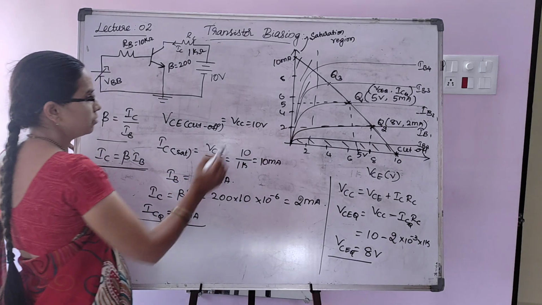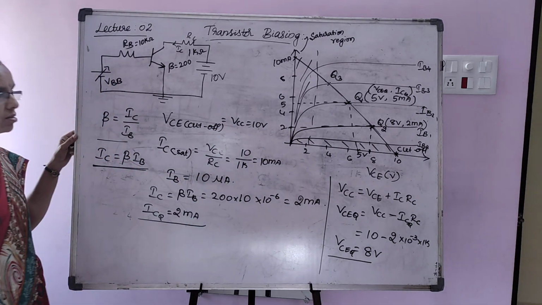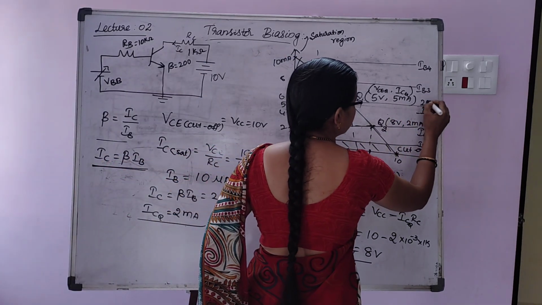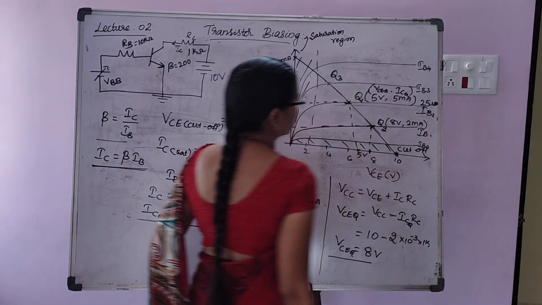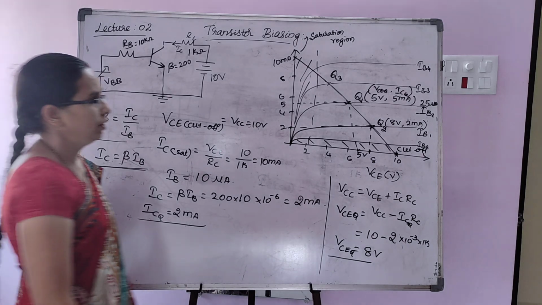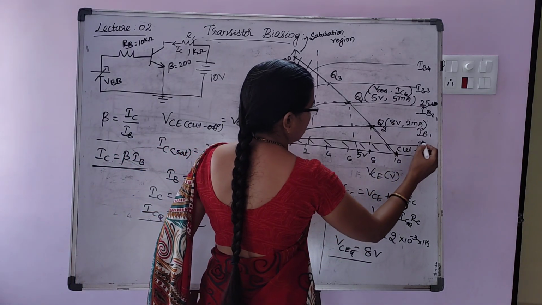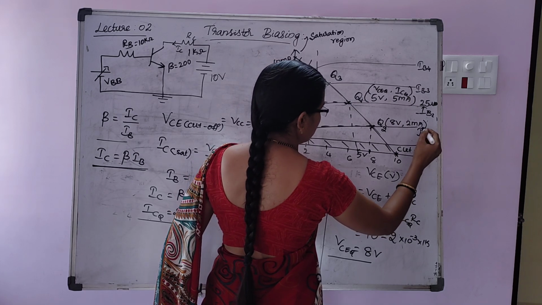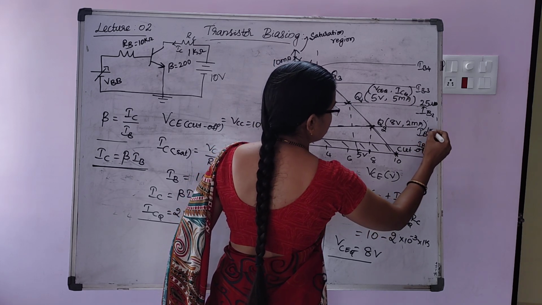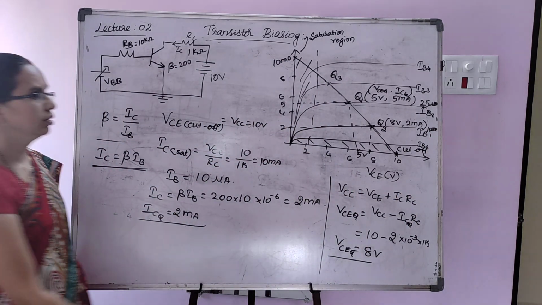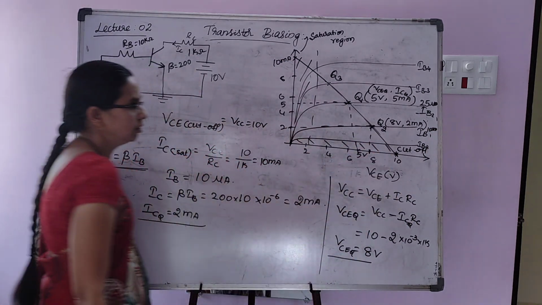Q1 when IC was 25 microamperes, sorry, IB was 25 microamperes, whereas IB was 10 microamperes, then I have got this curve.